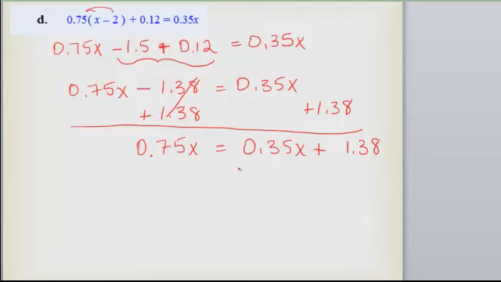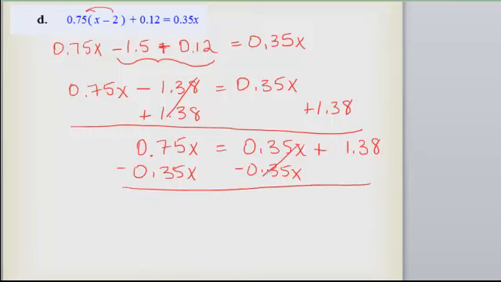Collect all of the x's on the same side, so we're going to subtract this little guy over here. That's 0. And I'm going to get a positive 0.4x equals 1.38.